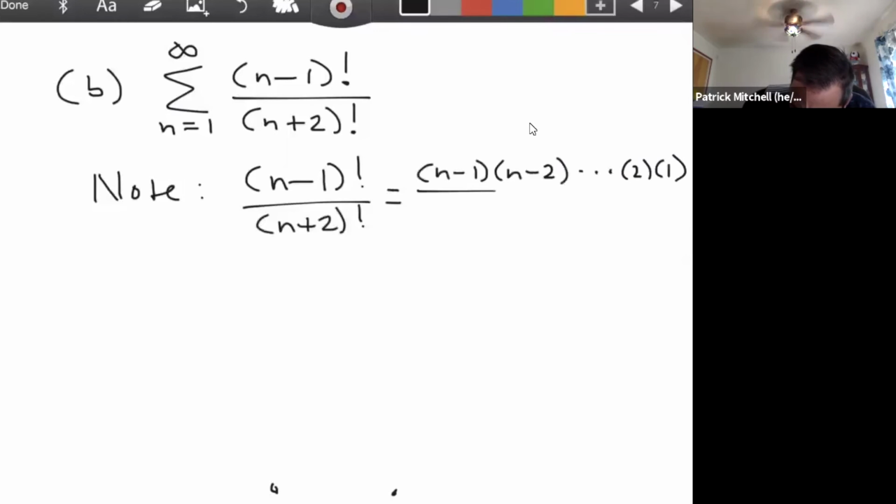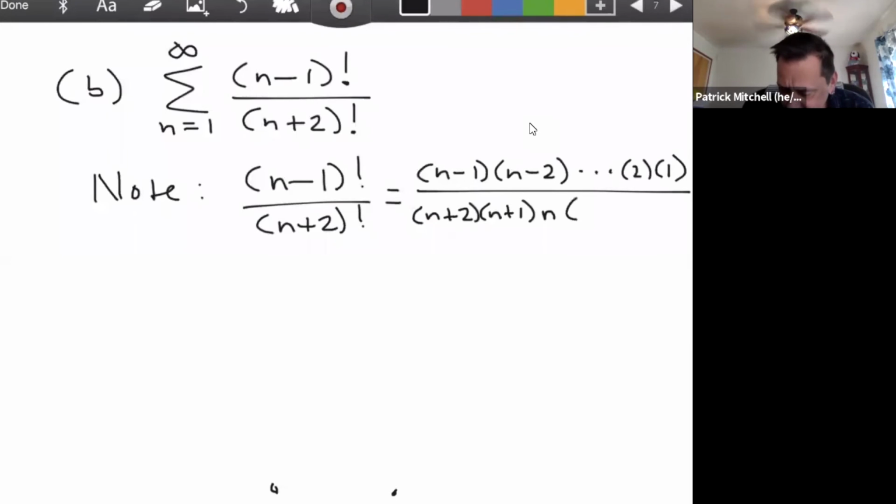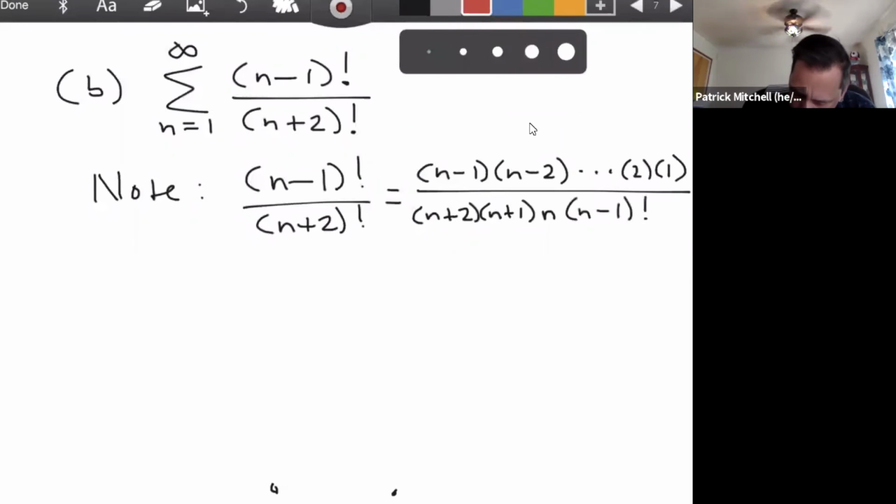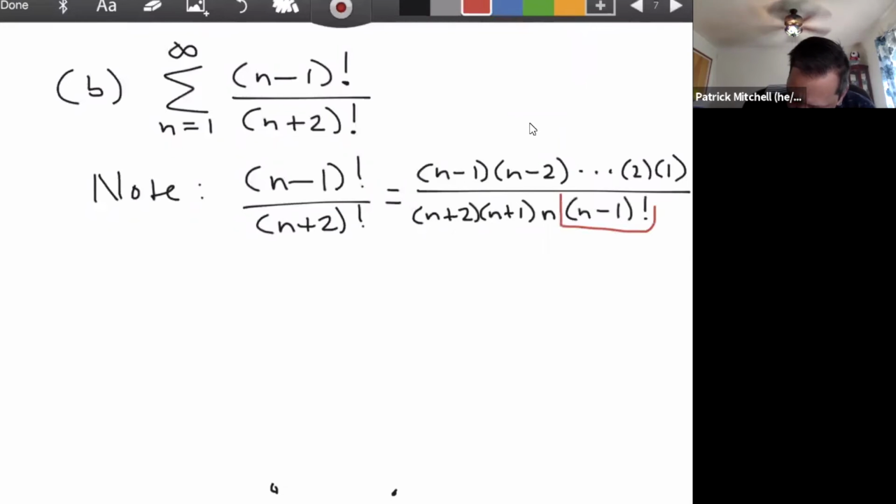And n plus 2 factorial means n plus 2 times n plus 1 times n minus 1 times every smaller number until you get to 1. So what I am trying to tell you is that this expression and this expression are exactly the same.